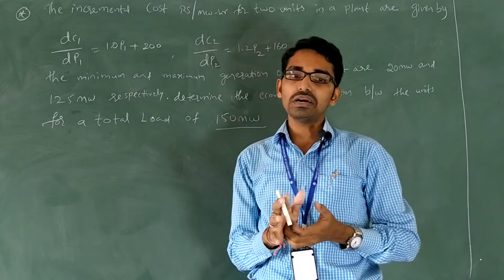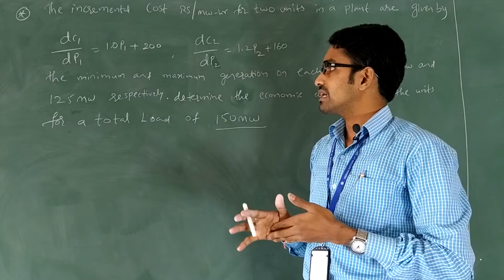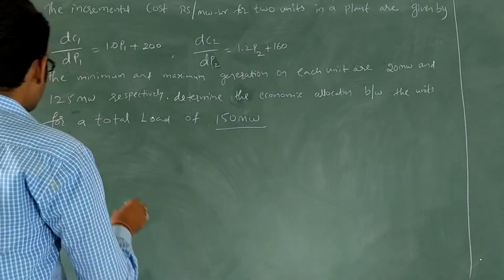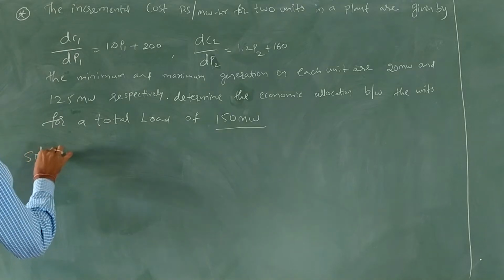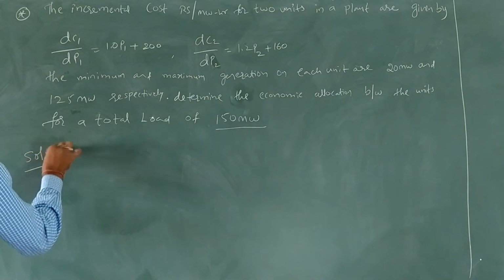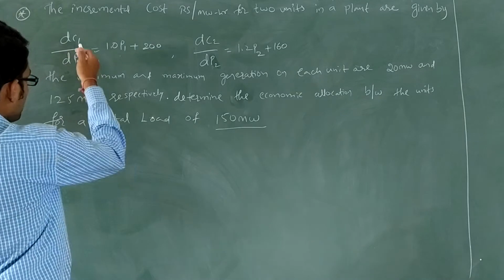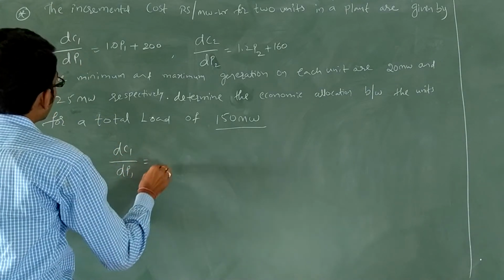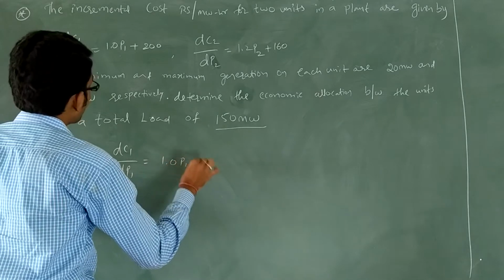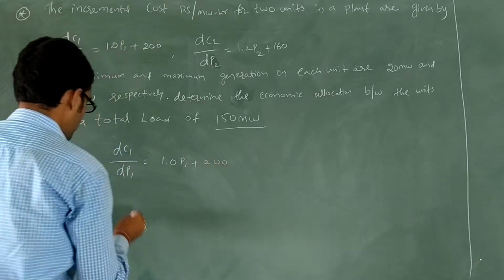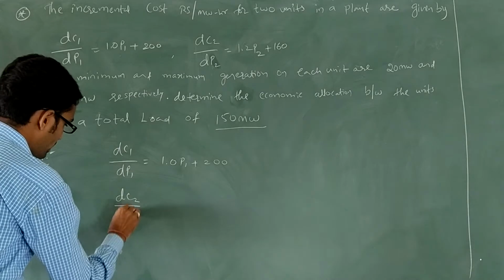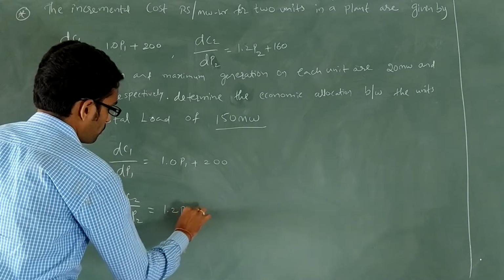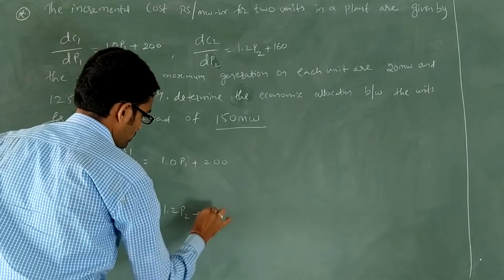So what are the given data? dC1/dP1 = 1 P1 + 200 and dC2/dP2 = 1.2 P2 + 160.